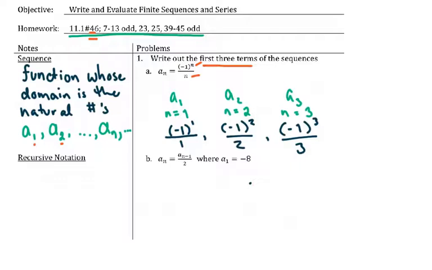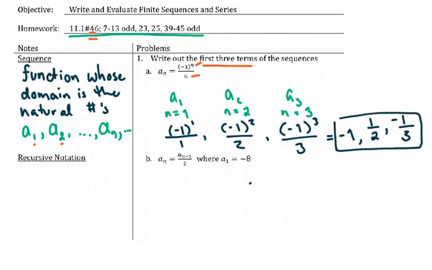And of course, for our final answer, we want to simplify that to -1, +1/2, and -1/3. These are the first three terms of this series, or sequence, excuse me. I'm going to reverse those, and I will try my best not to. The sequence is when they're just written out in a list.